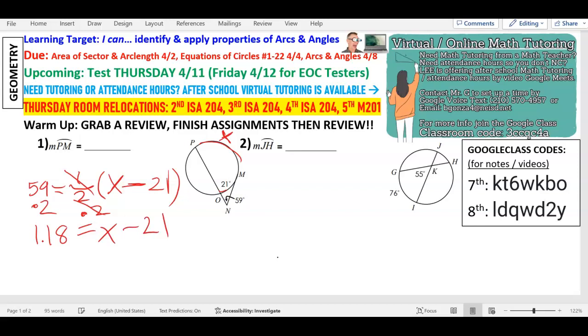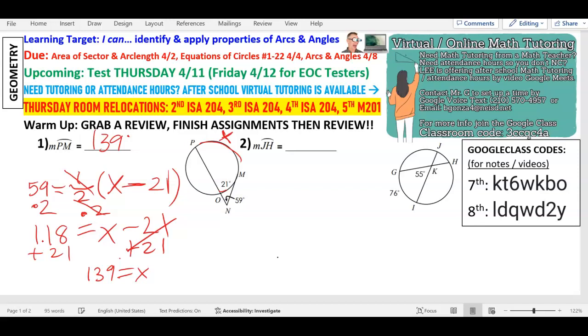Last step, how do I get rid of a minus 21? Plus. Opposite of minus is plus. So if you just got here, make sure you pull out your warm-ups or get that one out of the blue bin if you lost it. Okay, so plus 21, plus 21. 118 plus 21 is 139 degrees.